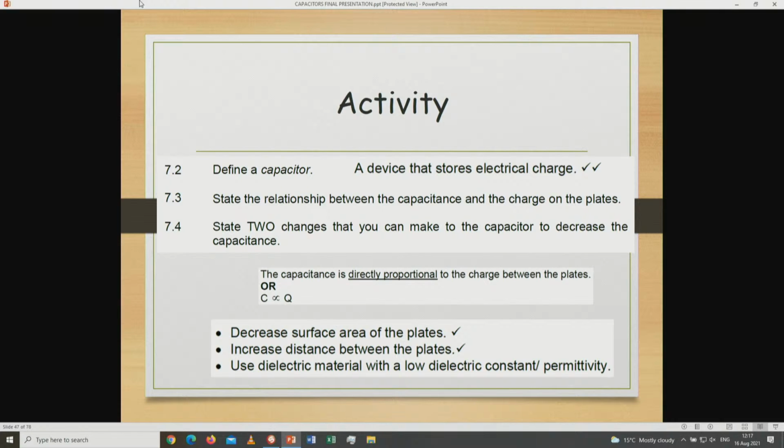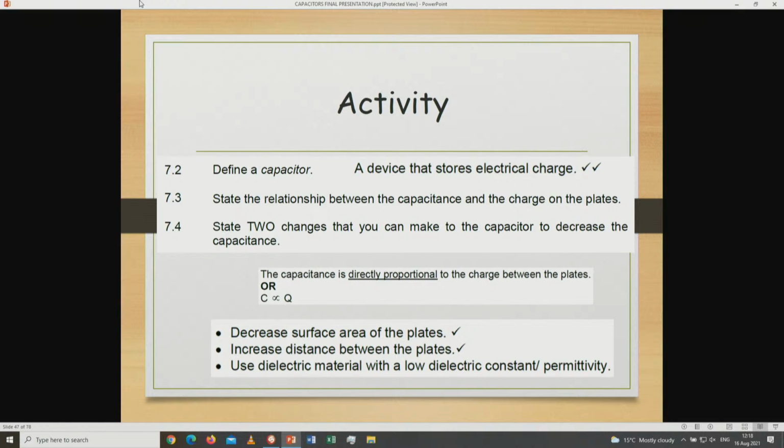Or also increase the distance. When you increase the distance between the plates, keeping the area the same, that will reduce the capacitance. The farther apart the plates are placed, the less the capacitance. It means the electric field will be weaker between the plates.